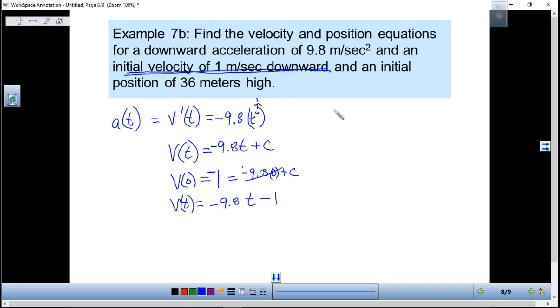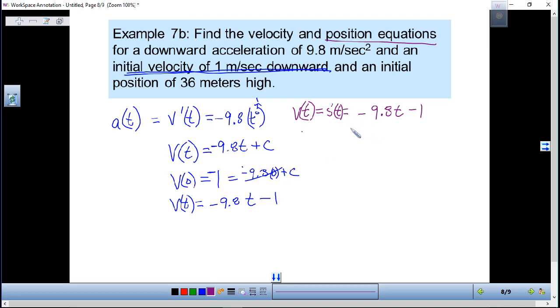All right, so v of t, as I've just found, is negative 9.8 t minus 1. And we want to find also the position equation. Well, remember, v of t is equal to s prime of t, where s is the position function.